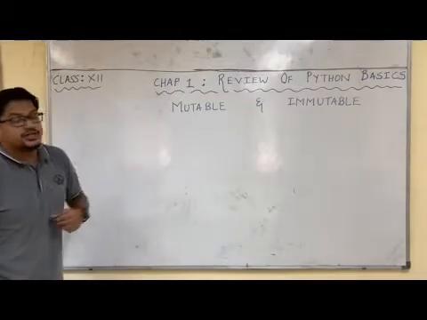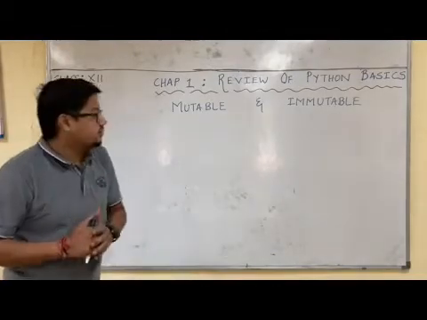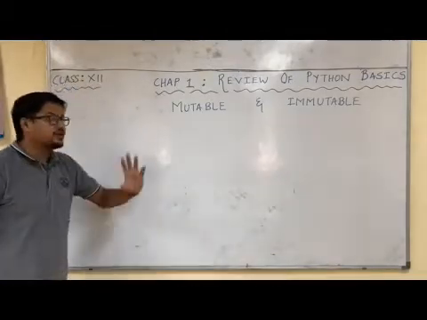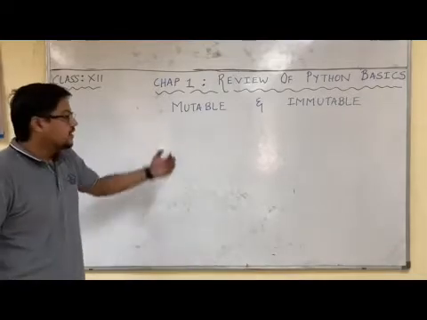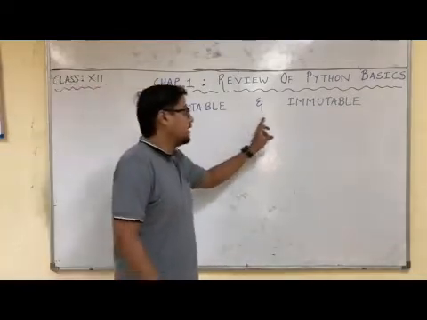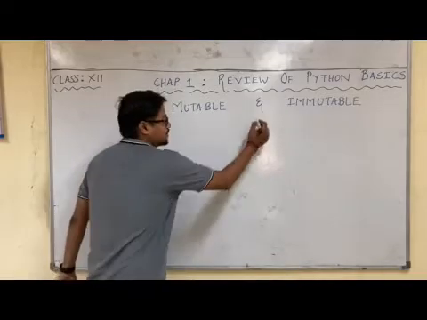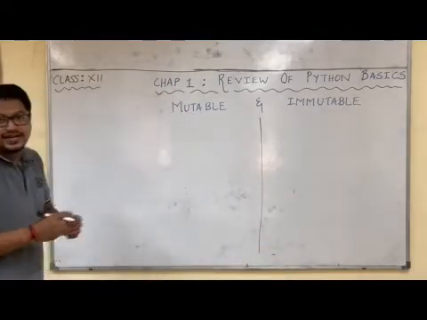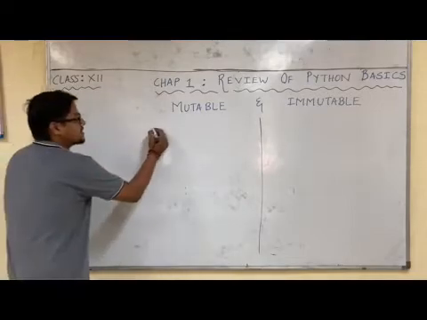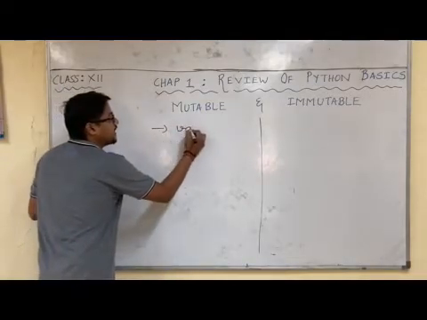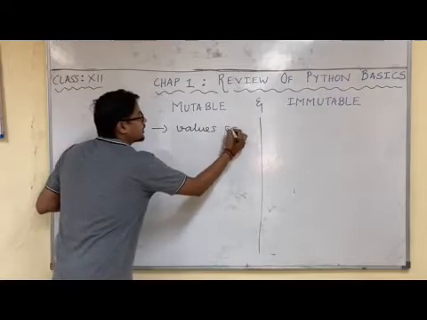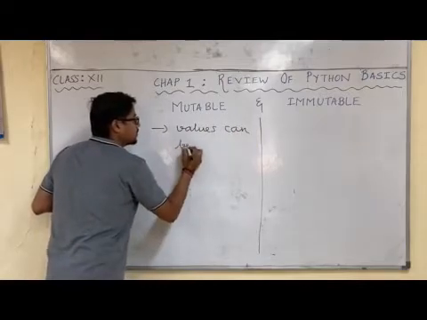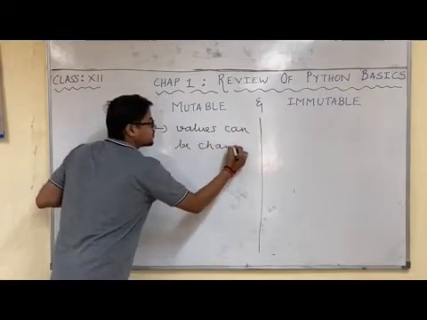The next topic, students, that we are going to discuss is a topic that we well discussed in 11th standard, so we will not go into a lot of detail. That topic is mutable and immutable types. Students, if you remember well, mutable means data types or values, once assigned, can be changed.